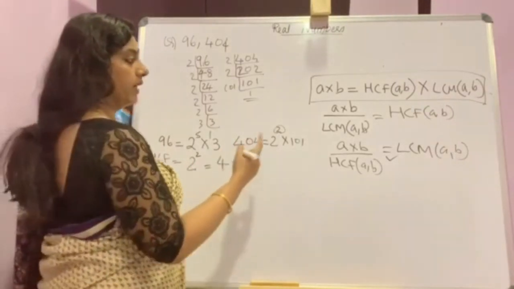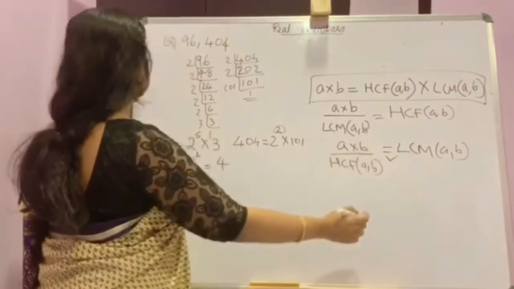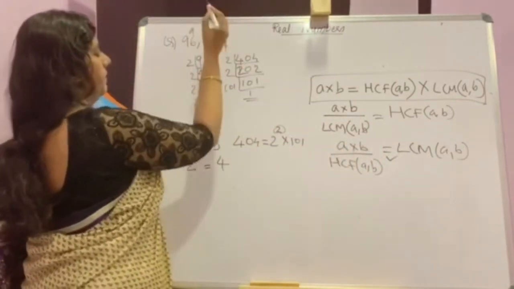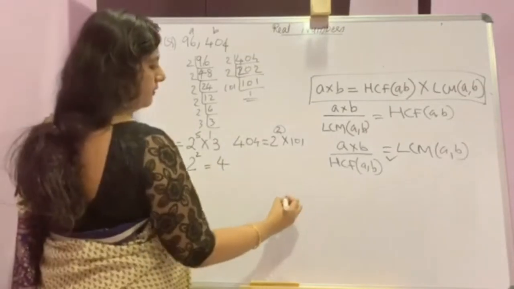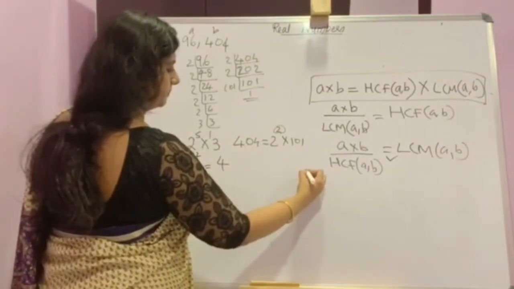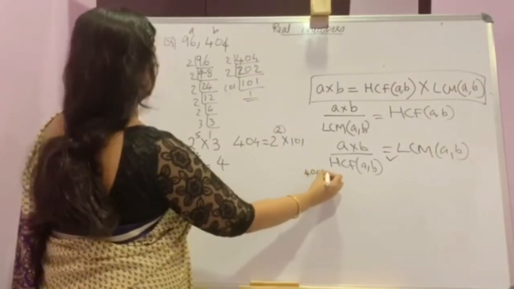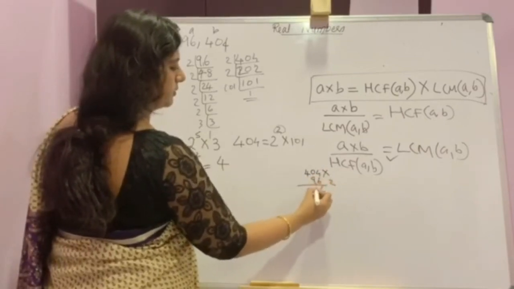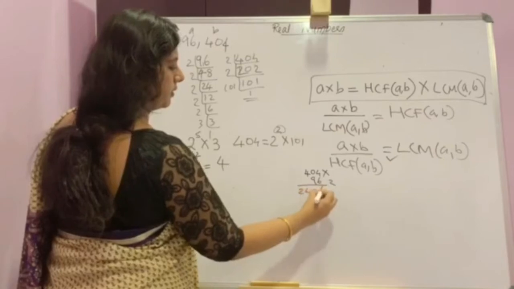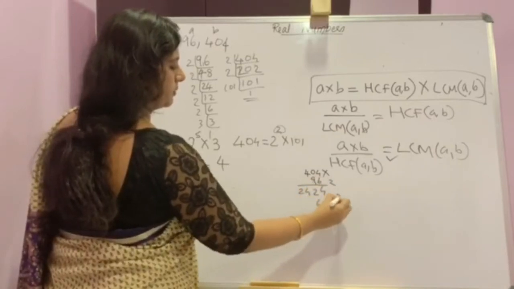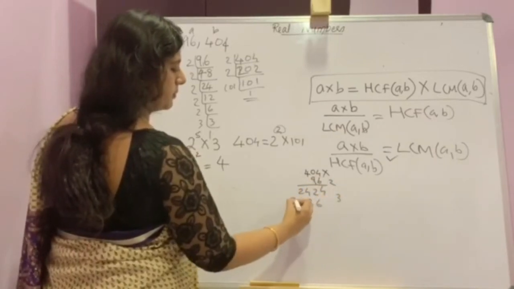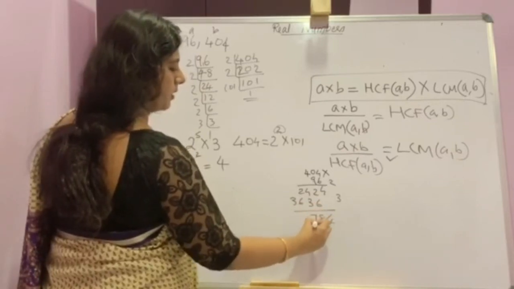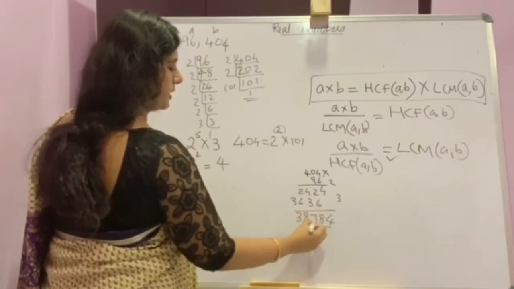Now we have to find the LCM by this method. That is, first we have to find the product of A and B. 404 into 96. This is the product.